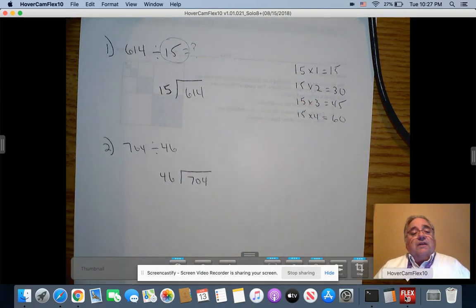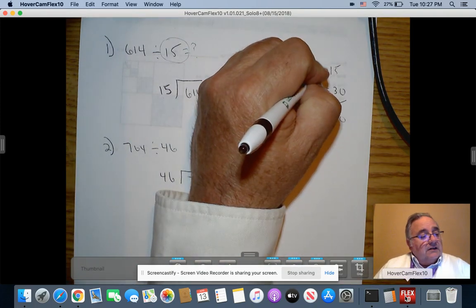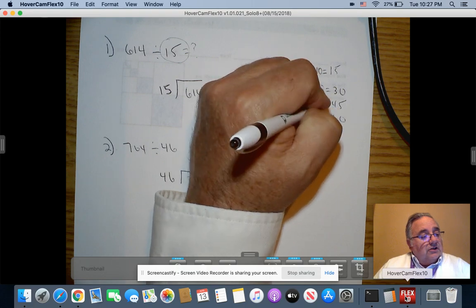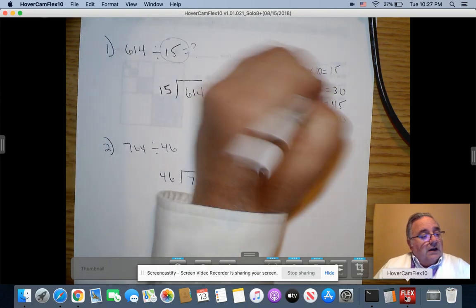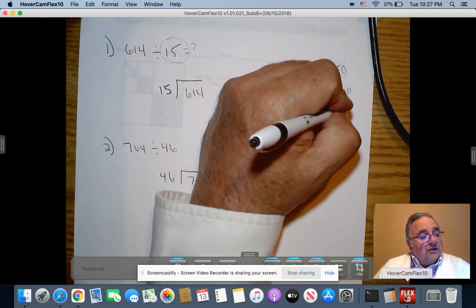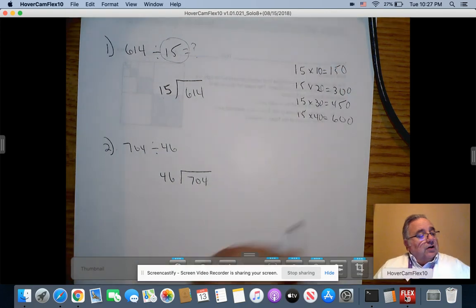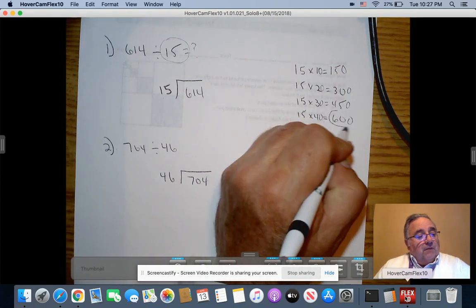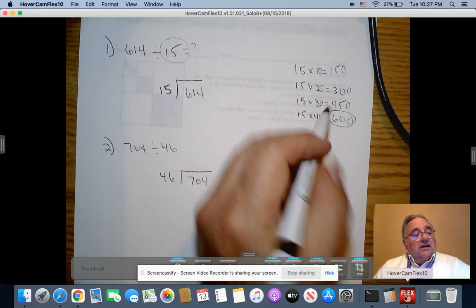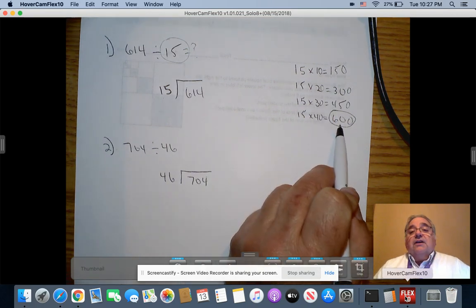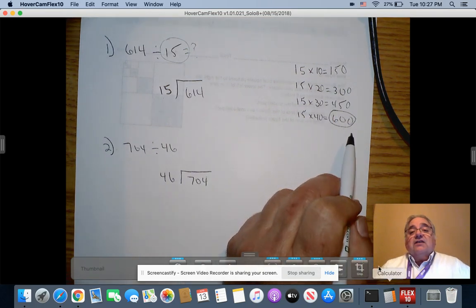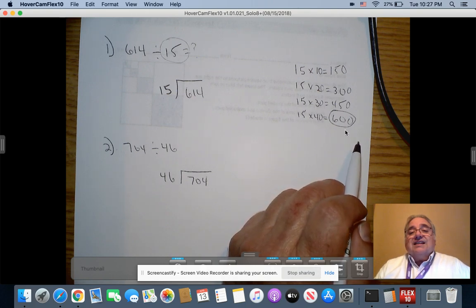I also know that if I multiply these by 10, make this into 20, 30, and 40, I will be adding a 0 here. So the closest multiple I have is going to be the 600. So I know that 15 times 40 equals 600.